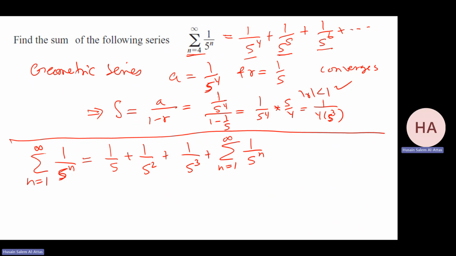Sorry, this is n equal 4. And this is my target. So it will be the sum n equal 4 to infinity, 1 over 5 to the power n.